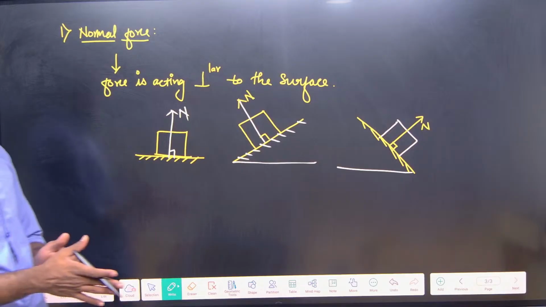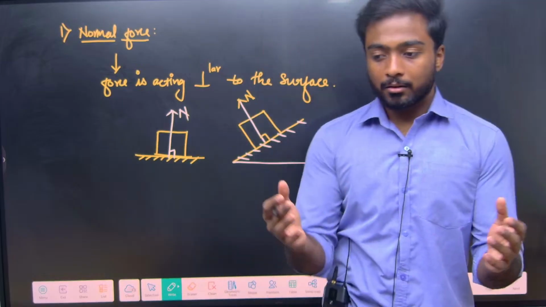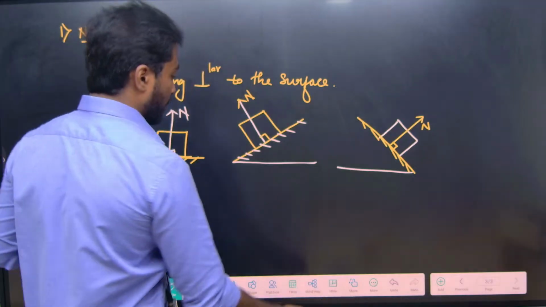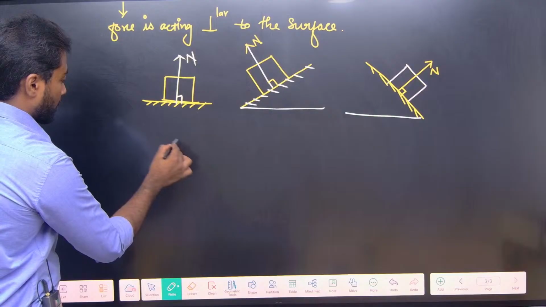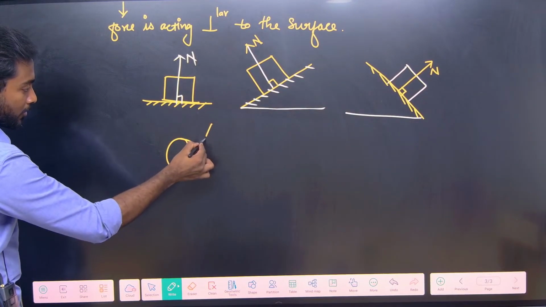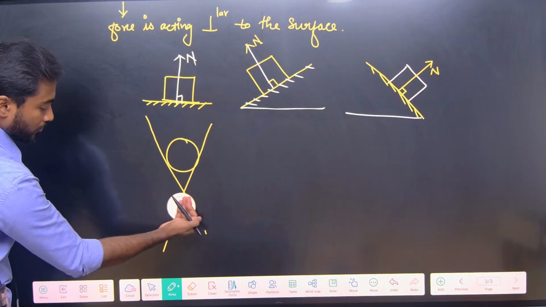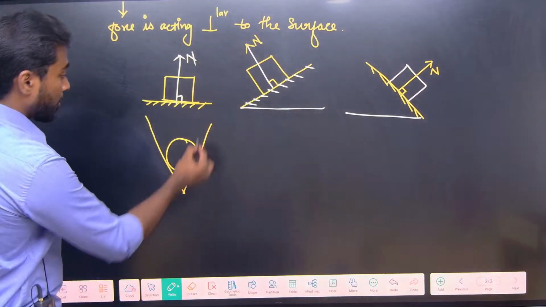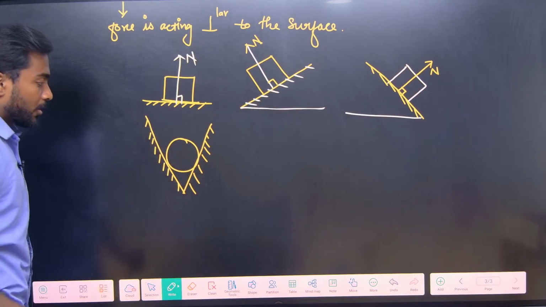Okay sir, suppose an object is in between a V shape surface. Okay, V shape surface. Suppose there is an object.